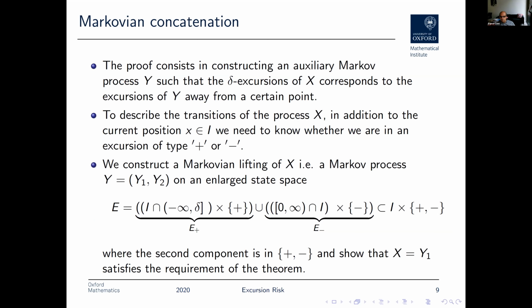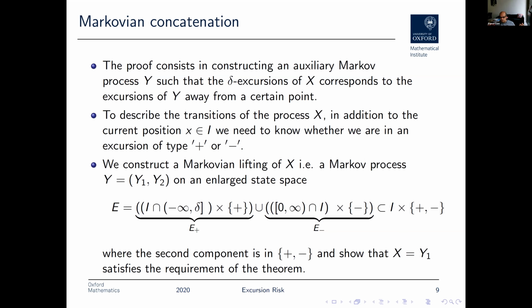Okay, so as you can see from this graph, the proof of the construction is the following. We're going to construct an auxiliary Markov process Y on this bigger state space such that the delta excursions of X, which I'm interested in, correspond to the excursions of Y away from a certain point.